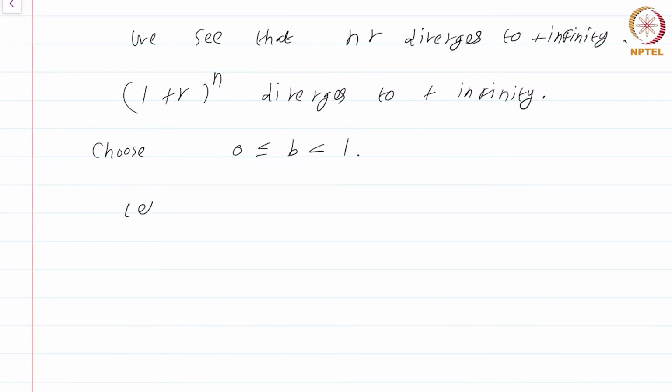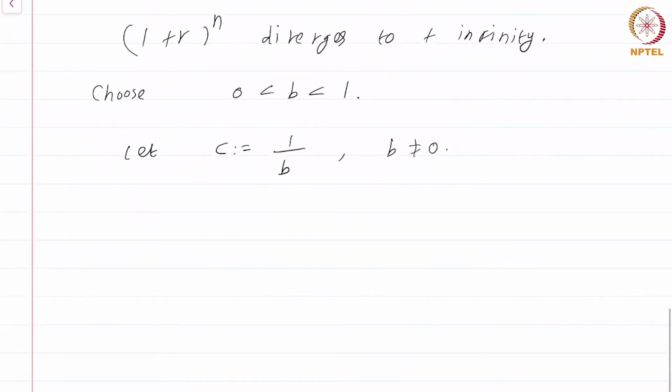Let c by definition be equal to 1 by b, whenever b is not 0. Again, the case b equal to 0 is really trivial. There's nothing really to show. I will just take 0 less than b less than 1. So take c to be 1 by b.